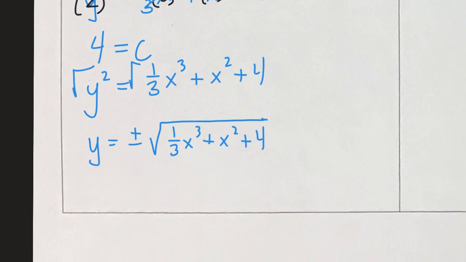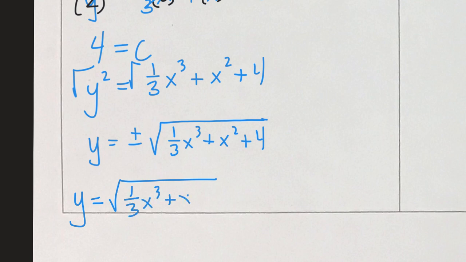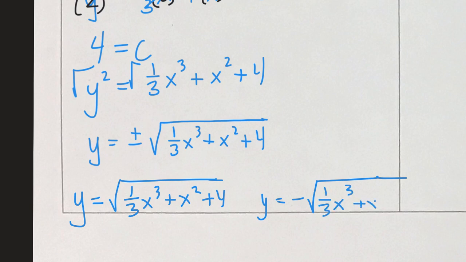So we have to check and see if y is the positive square root of 1/3 x cubed plus x squared plus 4, or is y the negative part? So we're talking about the top half of this semicircle or the bottom half. I don't even know if it's a semicircle. I won't even say that because I don't know.